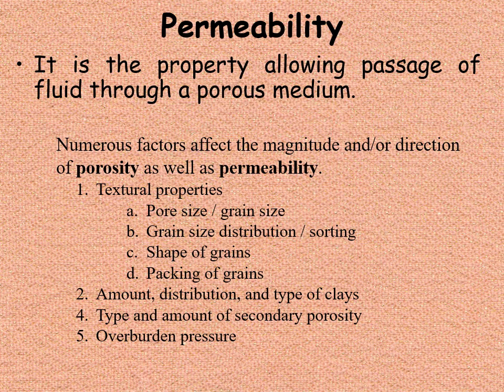And this property, that is permeability, is dependent on some textural properties like grain size, grain distribution, that is sorting, shape of the grains, and packing of the grains. So basically these four factors affect the porosity value of the rock, and this porosity is directly related to the permeability. So more and more porosity, generally more and more permeability.